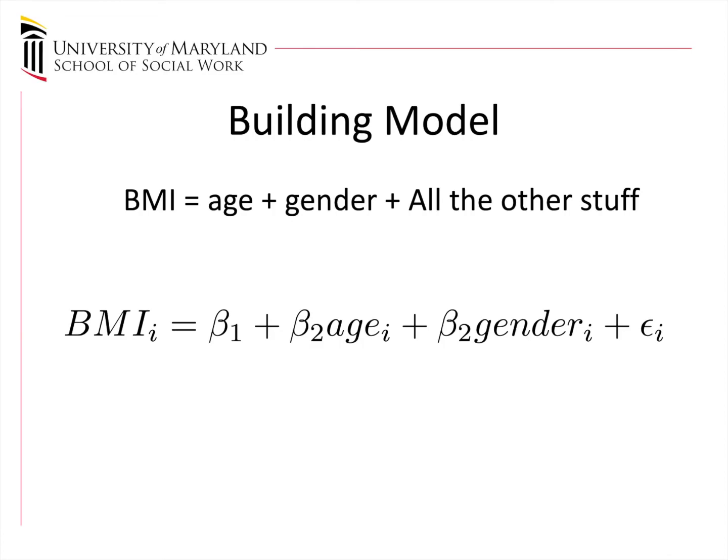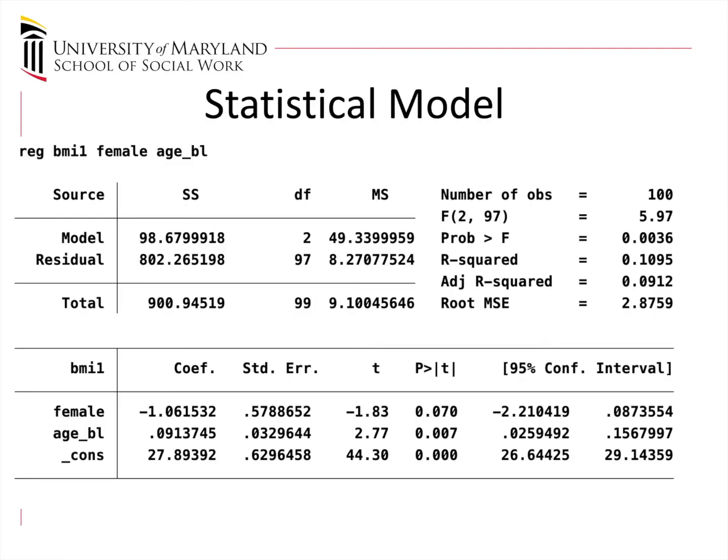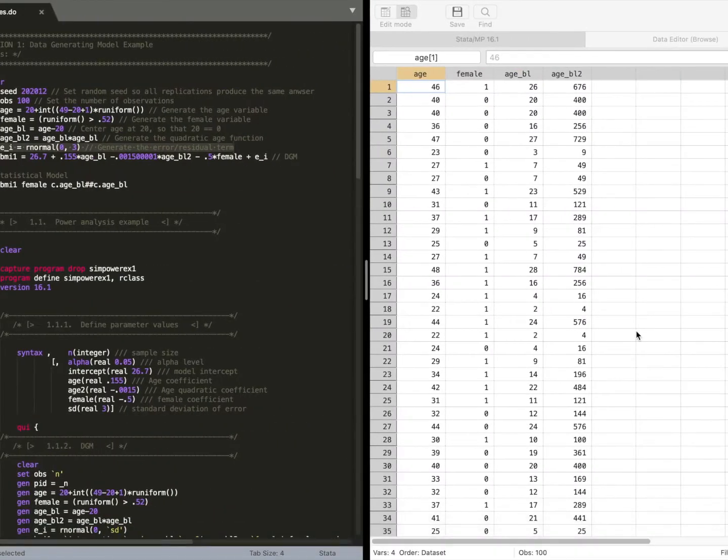In this context, it's an error term because it's a theoretical thing rather than a thing that's produced by a model. And the theoretical thing has a mean 0 and some variance. So we need to create that.